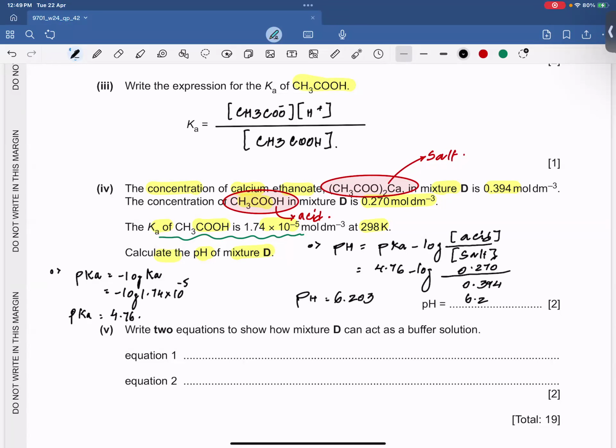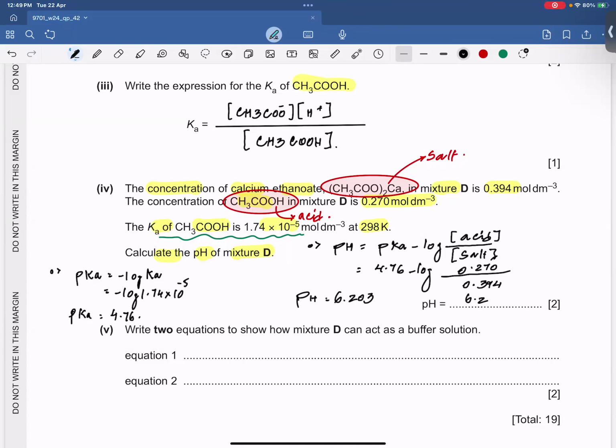Let me check my calculation again. 0.270 divided by 0.394, then log of the answer. It's 4.76 minus the answer, 4.92. How come 4.92?